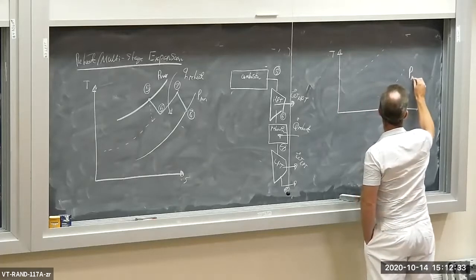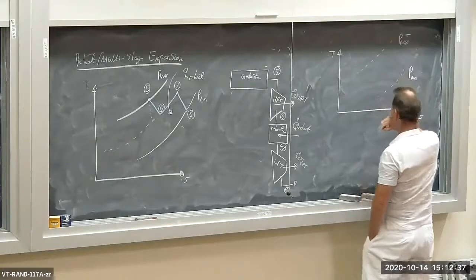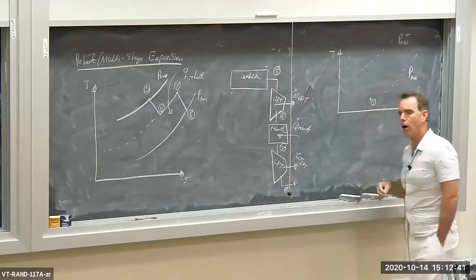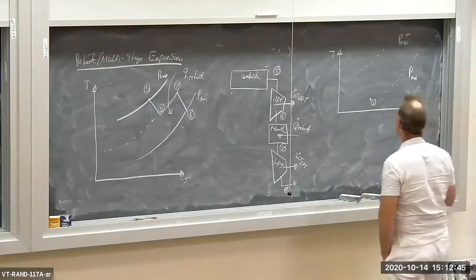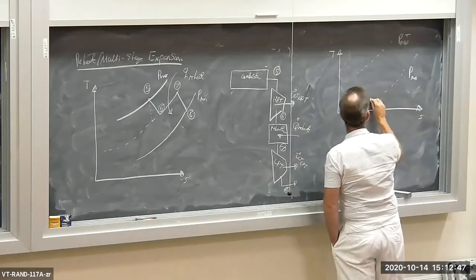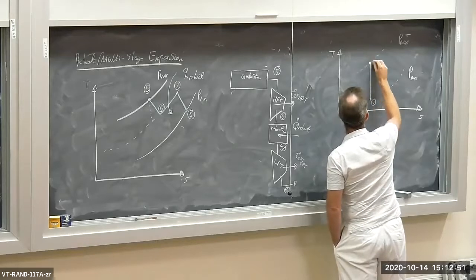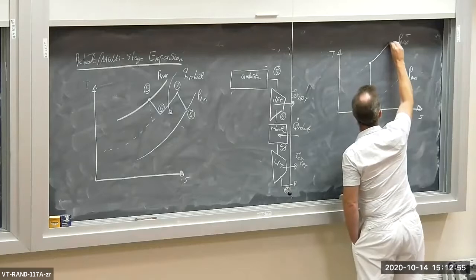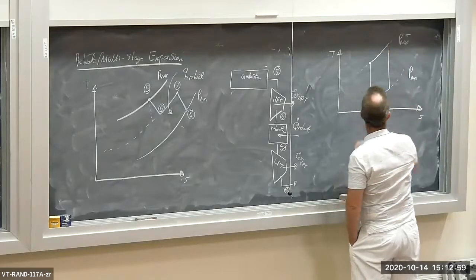Now originally, for our regular Brayton cycle, let's say it's reversible, let's say it's an ideal Brayton cycle. Originally, we have compression all the way up to state 2, then we have heat addition, and then we have expansion in the turbine and heat rejection.